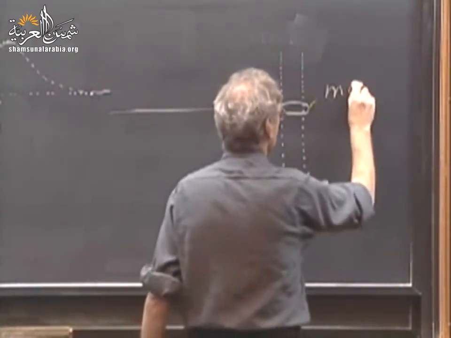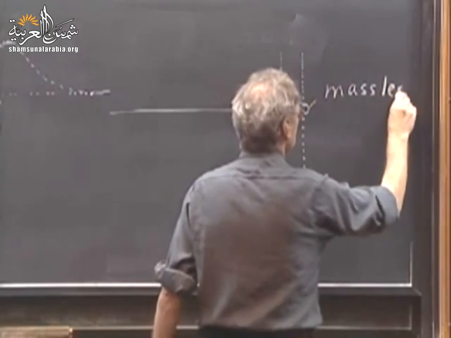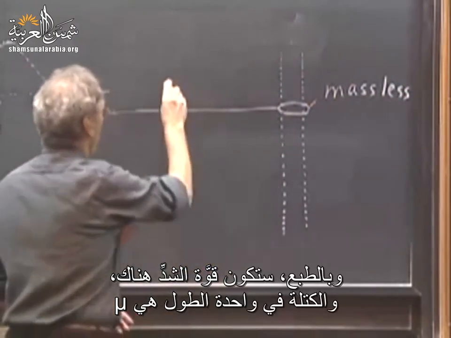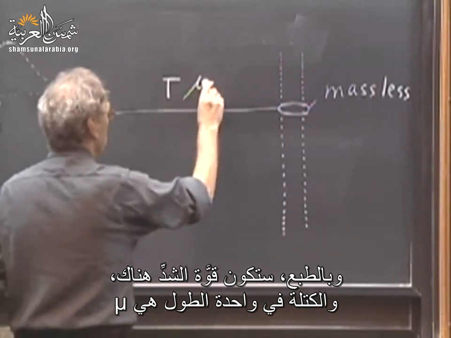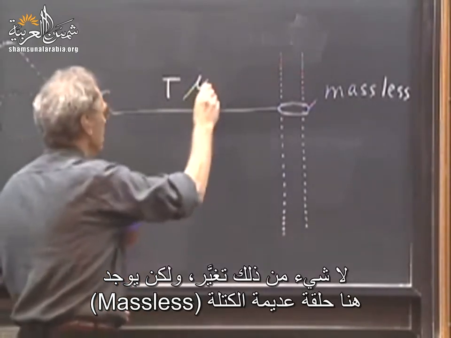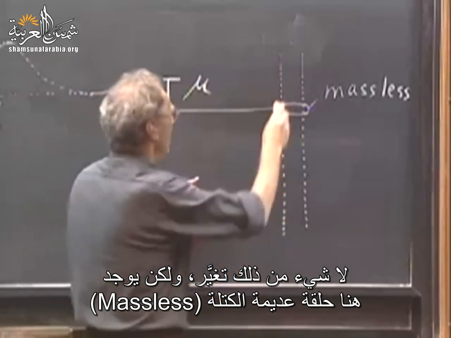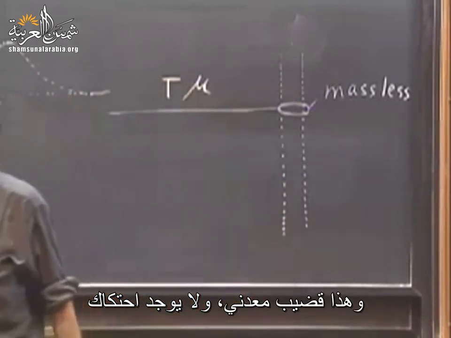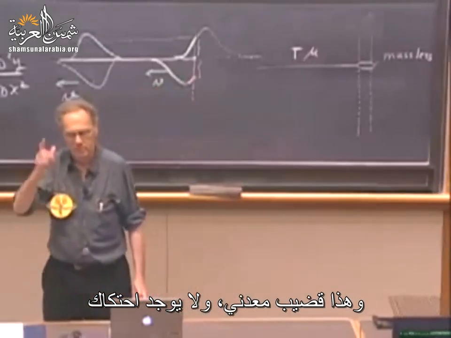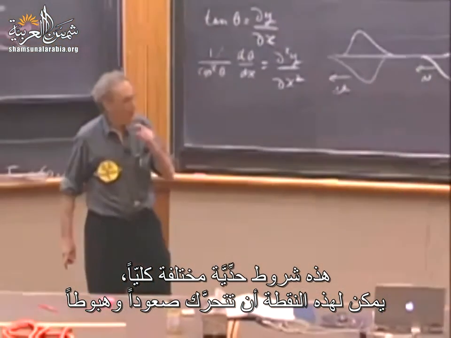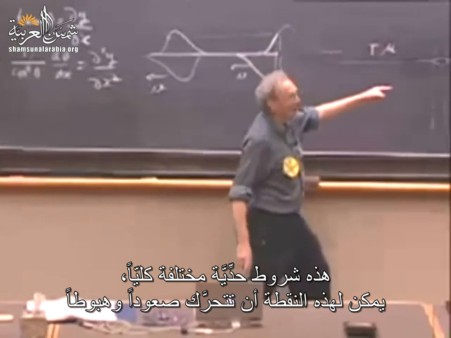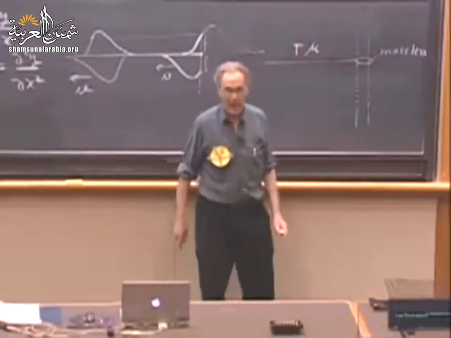Massless. But the tension, of course, is there. And mass per unit length is mu. None of that changes. But here is a massless ring, and this is a rod with zero friction. Those are very different boundary conditions. This point can now move up and down. And it will.